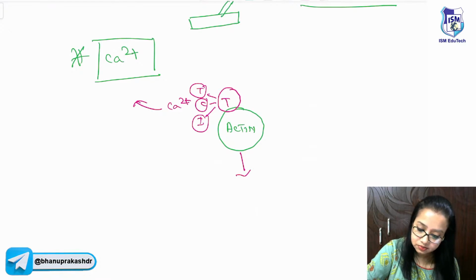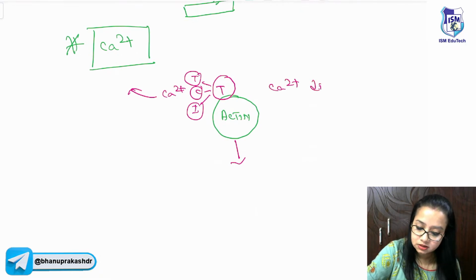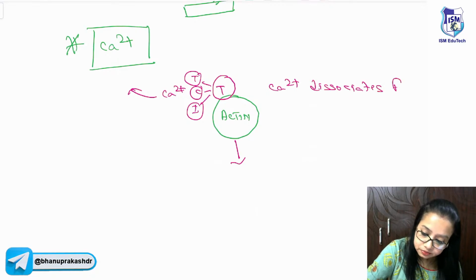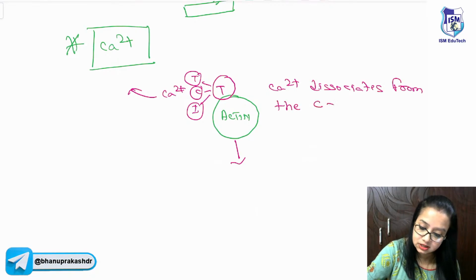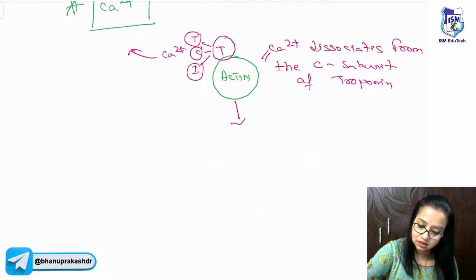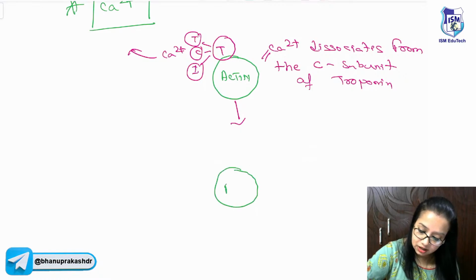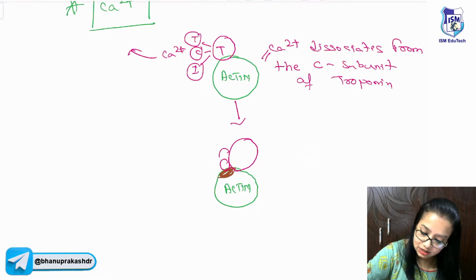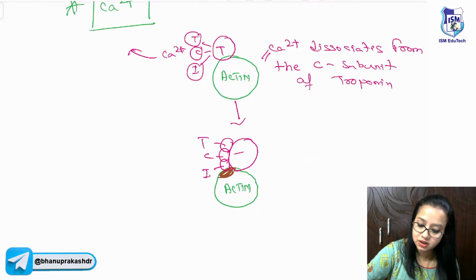So once calcium dissociates from the C subunit of troponin, this actin molecule, say this was the active site, now again that active site will be covered by the I unit, C and T. So again it will go back to its original form.